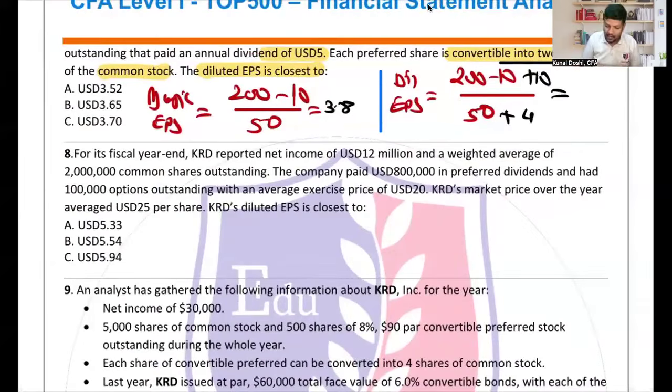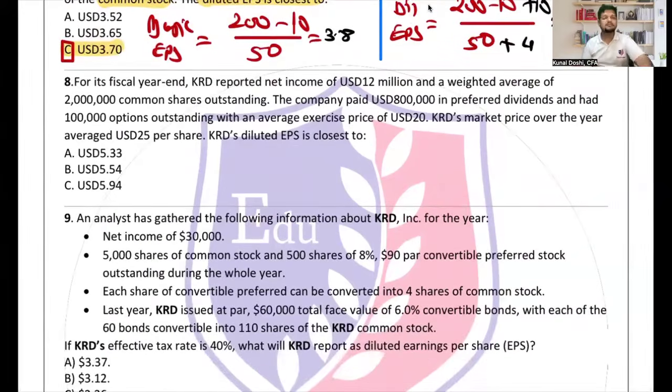So 200 divided by 54. You should get 3.70. Check. Is it below the basic? Yes. Then you have the permission to go ahead and select. That is very important. It should not be above the basic. Otherwise, it is anti-dilutive. Clear till this point?